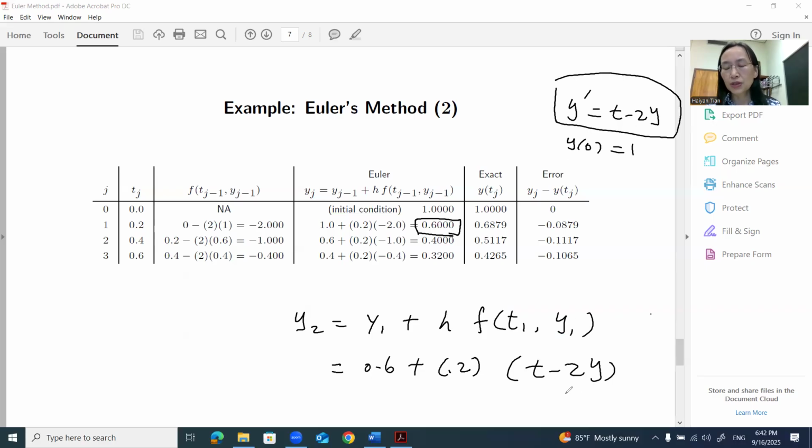So we're going to use that again, but this time to calculate y2, we need to use T1, y1.